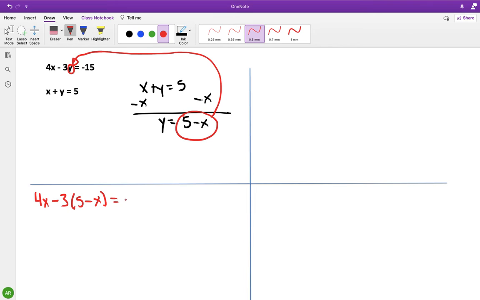And then setting that equal to negative 15, sorry. And I'm just going to solve just like I have been doing, so distribute. So I have 4x minus 15 plus 3x equals negative 15. Okay, combine like terms, 4 plus 3 is 7x.